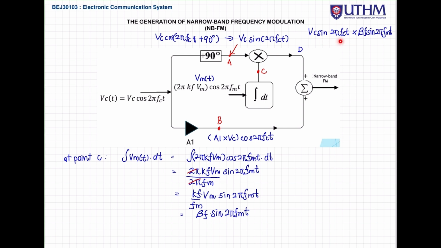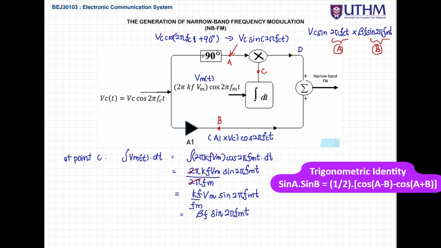Here we have a sine signal times a sine signal. Let's say this term is A and this term is B. We can use a trigonometric identity to simplify this term: sin A times sin B is equal to half of cos(A minus B) minus cos(A plus B).